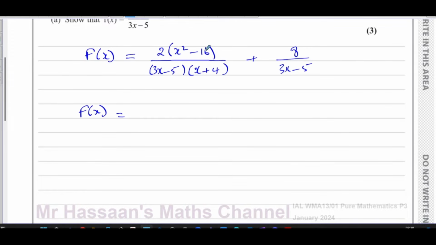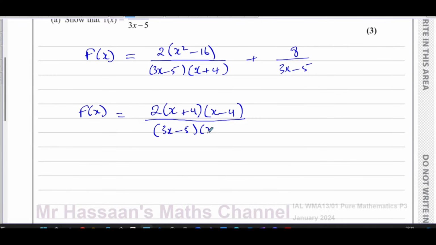Now I'm going to split this up into a difference of squares. When you factorize a difference of squares, you have x squared, which is a perfect square, and 16, which is a perfect square, with a minus sign between these two terms. So you write the square root of each of those terms in the brackets, and one of them is going to be positive, the other one negative. So x plus 4 times x minus 4 gives us this.